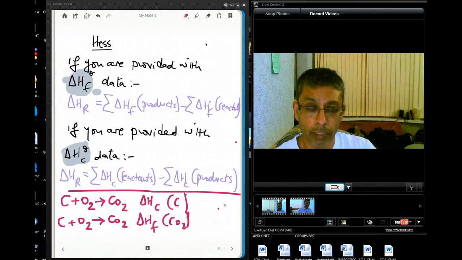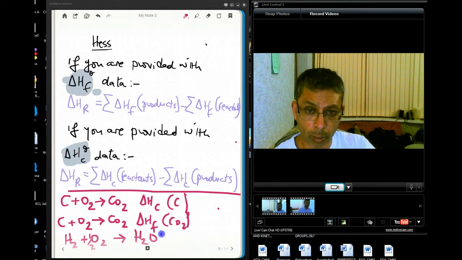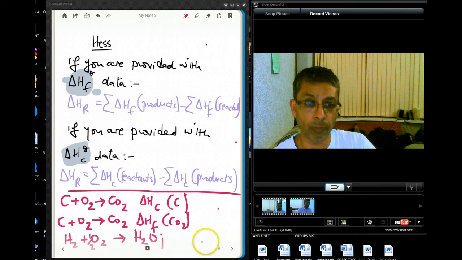The same applies to the heat of combustion of hydrogen, making water, and similarly the heat of formation of water.